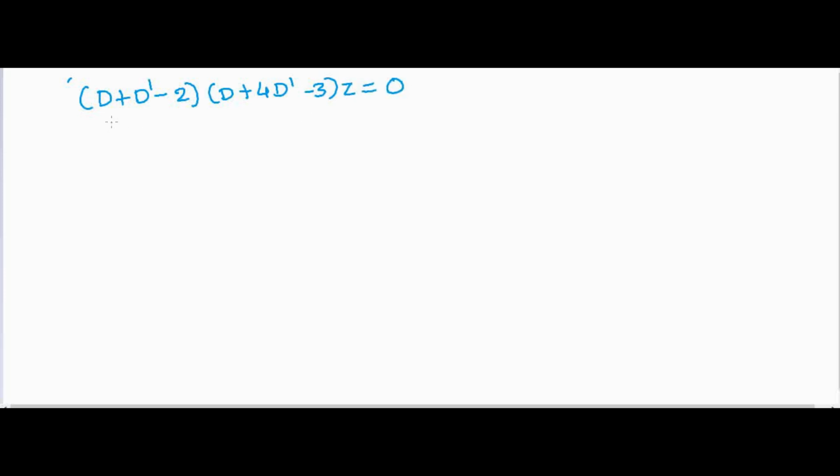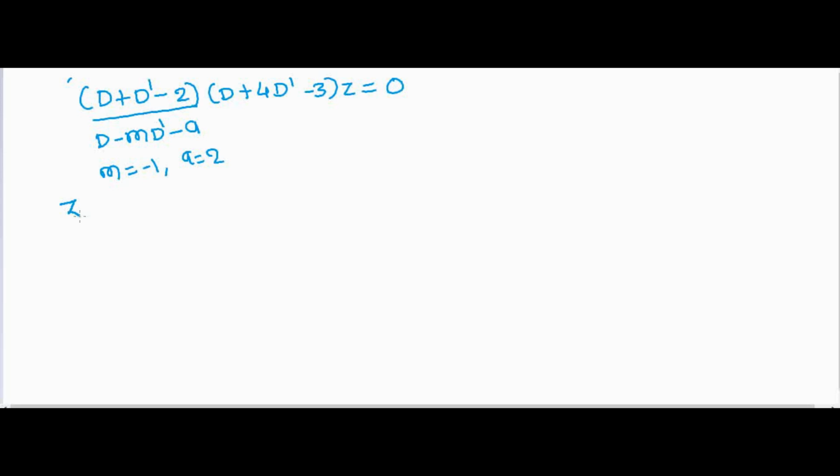So we have two factors. Comparing the first factor with D − mD' − a, we get m = −1 and a = 2.